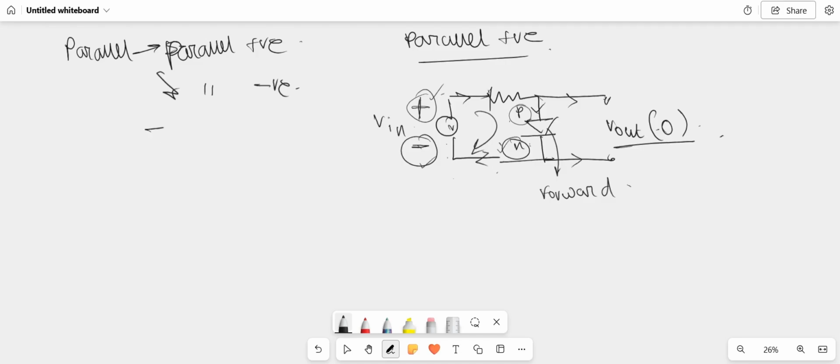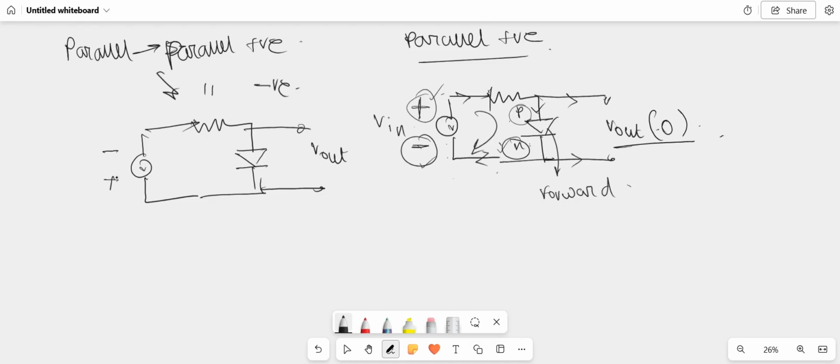And when we are using the negative half cycle, I'm explaining here, the polarities become like this. During this time, the P terminal is connected to the negative end of the battery and the N terminal is connected to the positive end of the battery. According to this condition, this diode becomes reverse biased.